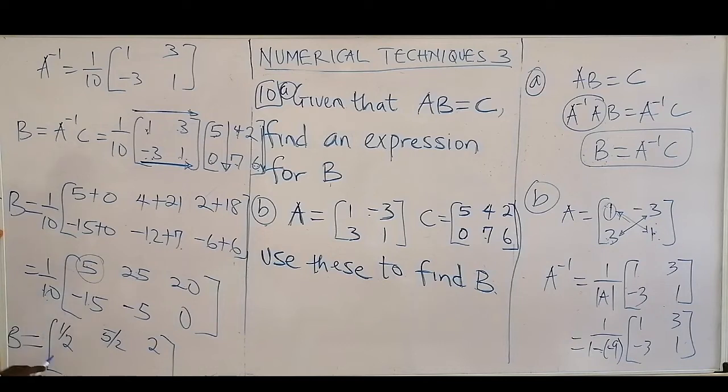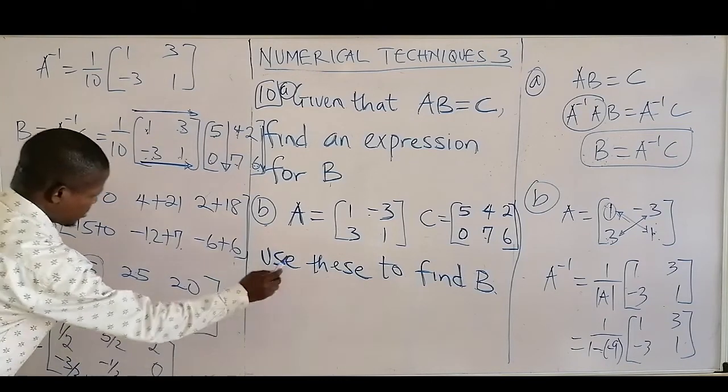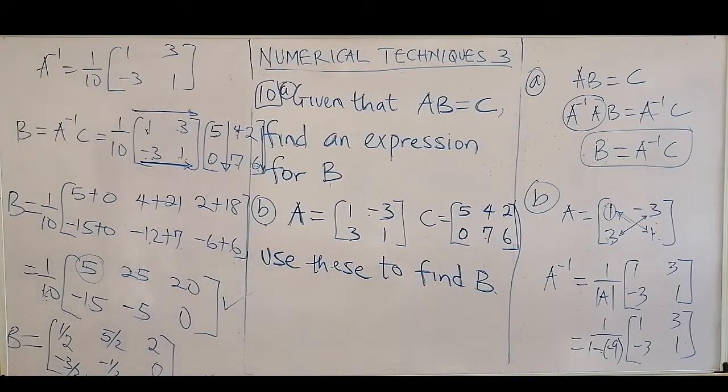Minus 15 over 10, that's minus 3 over 2. Minus 5 over 10, that's minus half. And finally, 0. Okay, you can leave it this way if you don't have the time. If you like, you can go further and stop that way.